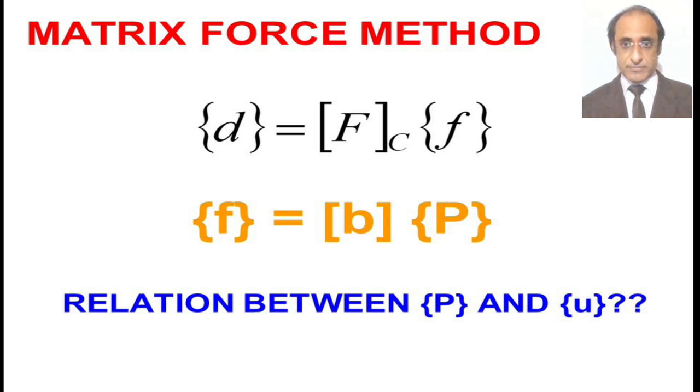Now we continue further and we derive the relationship between the external force vector and the external displacement vector. In other words, this is the relationship that will be analogous to the relationship we have in the case of the stiffness approach. But here the vector u will come on the left hand side and the vector p will be on the right hand side.